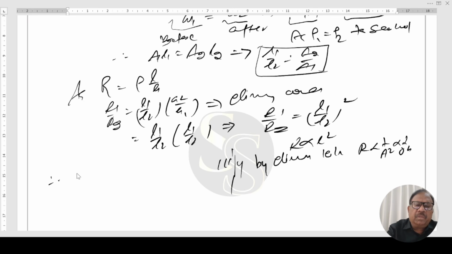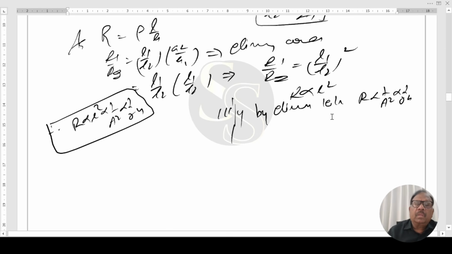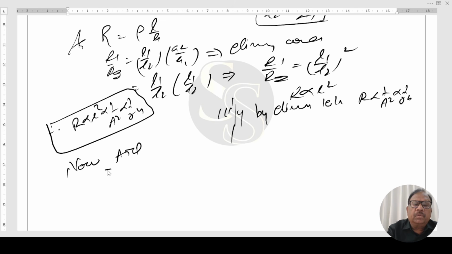If the same wire is stretched, R is proportional to L square, inversely proportional to A square, and inversely to r to the power 4. Now, according to the question, R1 equal to R, R2 we have to find, L1 equal to L, L2 equal to 2L.